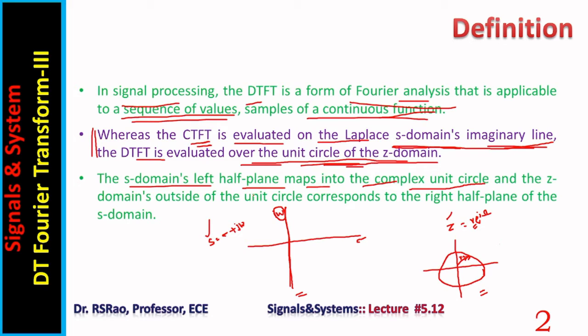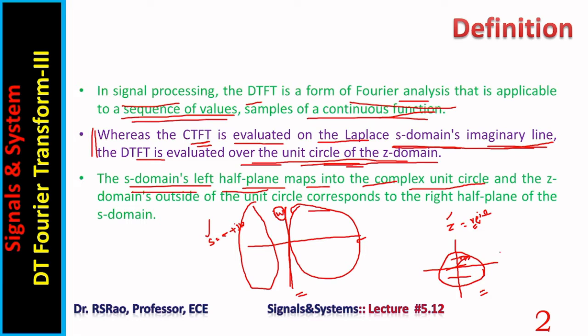The S domain's left half plane maps into the complex unit circle, and the Z domain's outside of the unit circle corresponds to the right half of the plane. Here one aspect to be mentioned is that there exists some correspondence between CTFT and DTFT.